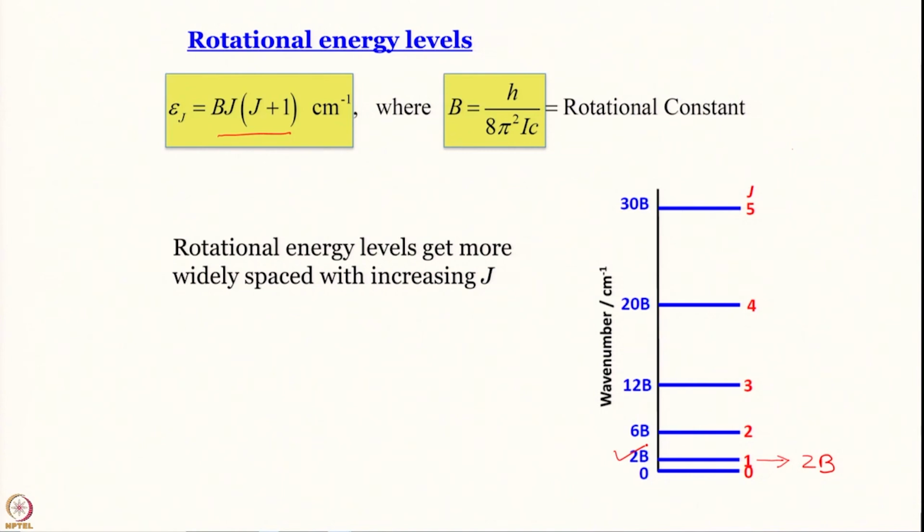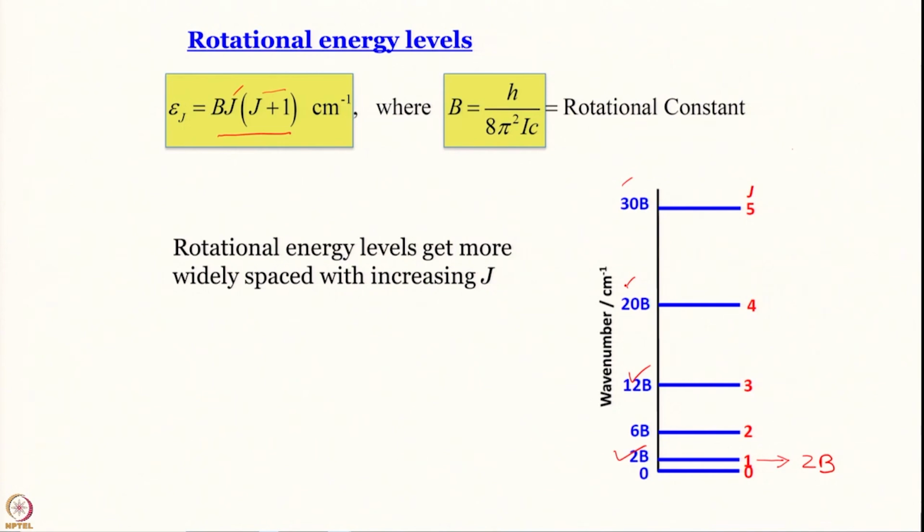What happens when j equal to 3? You can work that out, j equal to 3, j plus 1 equal to 4. So, sorry, why did I go to j equal to 3? Well, it is okay, 12b. I missed j equal to 2 here for some reason. Okay. So, you can work out the energies and the values are all written here.